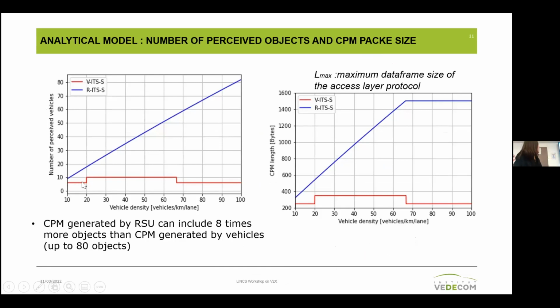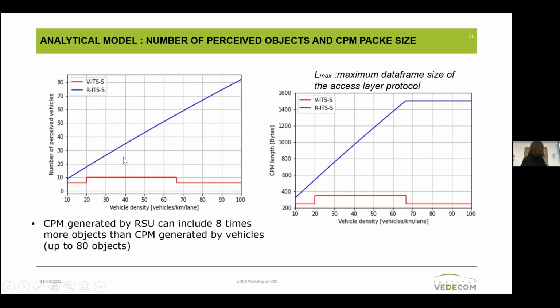In the beginning, it will perceive around 6. Then as the density increases, it will go up to 10, and that's it, no further. When the density becomes too dense, it will drop back. It will not stay at 10.